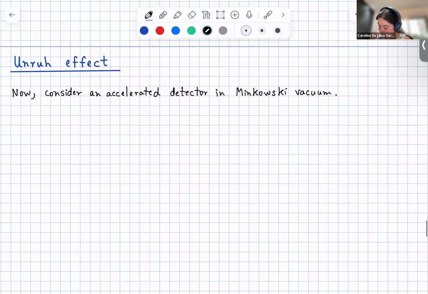So its trajectory is going to be given by T of tau equals 1 over A hyperbolic sine of A times the proper time.